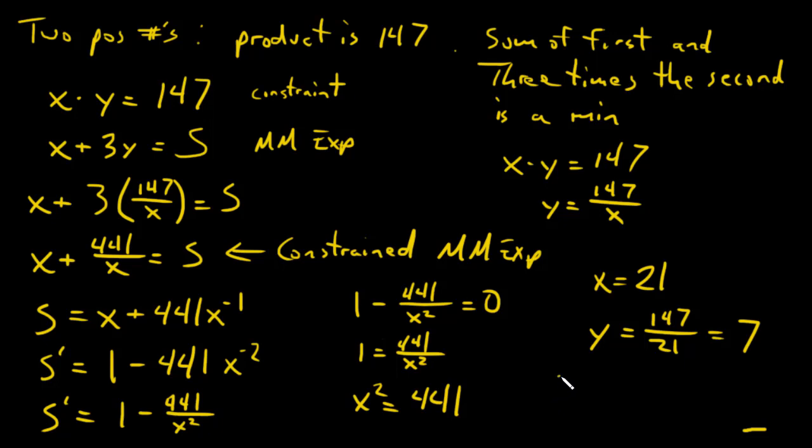The sum is equal to x, 21, plus 3 times y, 3 times 7, which is 42. The answer is 42. That is your minimum sum. Alrighty. Isn't that cool? That's just stunningly cool.